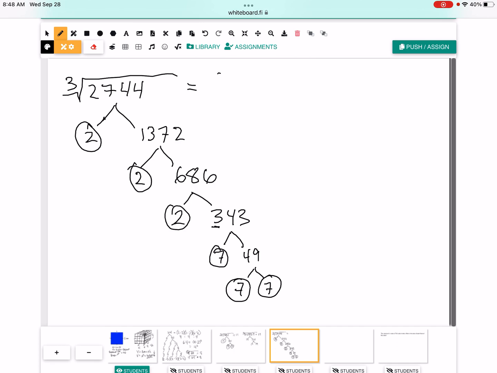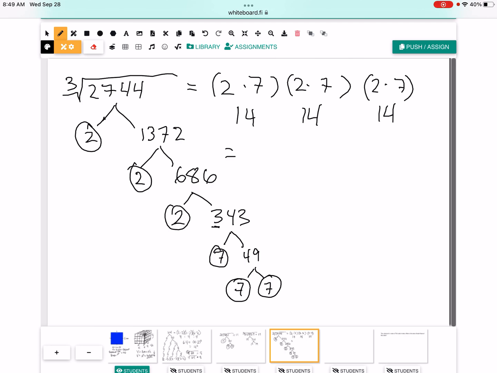And by rewriting those, I'm going to go ahead. We have to have 3 equal factor sets. I know there are 3 2s. And I see there are 3 7s. So this would be 2 times 7 is 14.